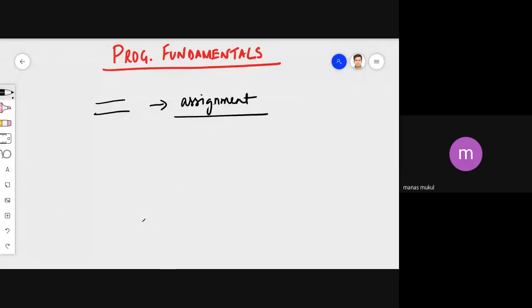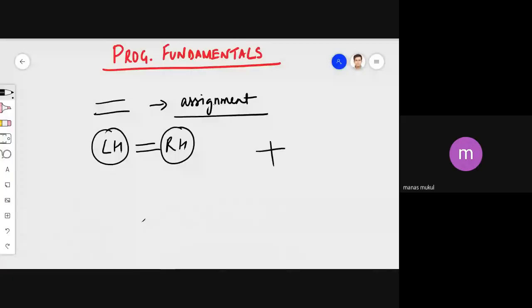When you use an assignment operator, there are two parts to it. One will be the left hand side and the other one will be the right hand side. And when you use the assignment operator, there have to be two data items listed alongside it.